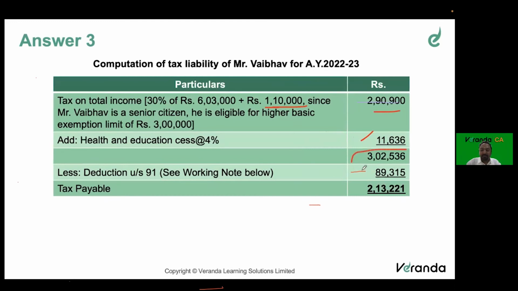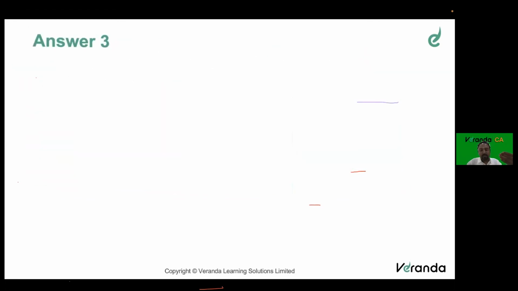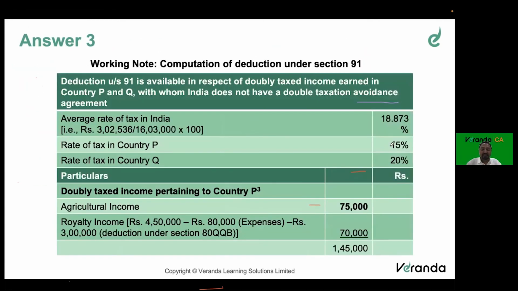This 3,02,536 is the total tax payable. This divided by 16,03,000 gives you 18.873%. This is the income tax rate as per Indian tax law. Now, what is the rate in P? It is 15%. What is the rate in Q? It is 20%.